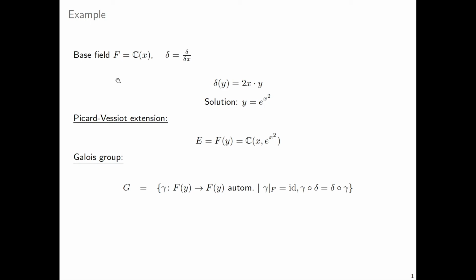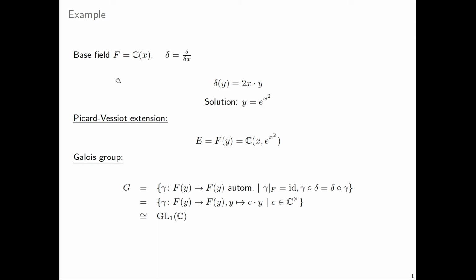And so in this case, this is determined by what it does with y, and since it's a differential automorphism, y needs to be mapped to another solution, so you can only map it to a constant multiple, and in fact, every constant gives rise to such an automorphism, so you get the full GL1.